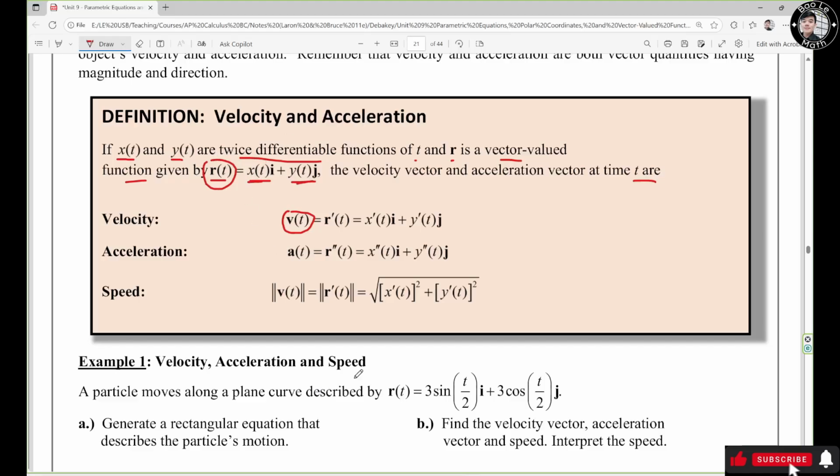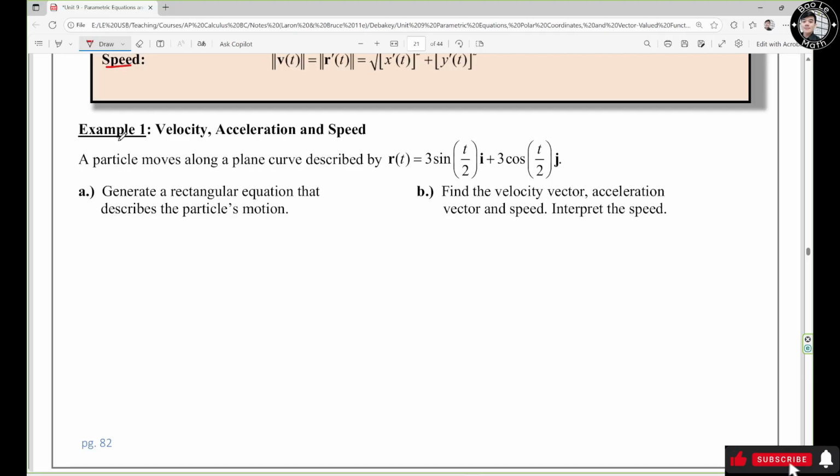Now acceleration is the second derivative, so you take the second derivative of each component. Now the speed is the magnitude of the velocity, so you take the square root of x prime of t squared plus y prime of t squared.